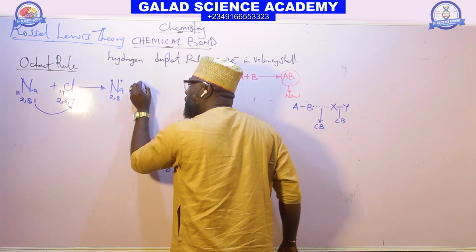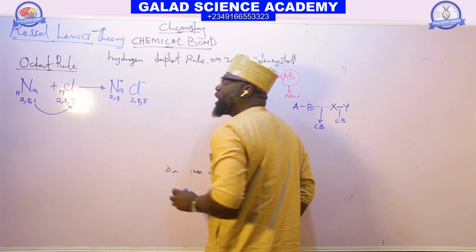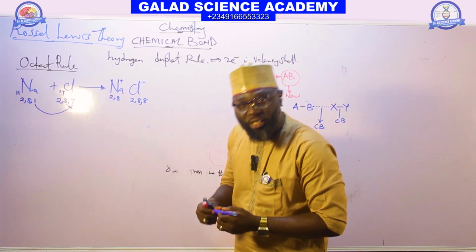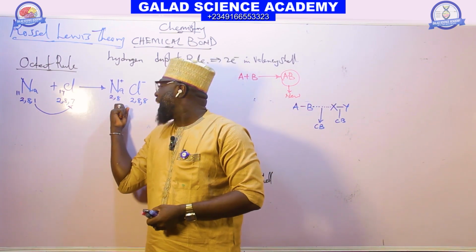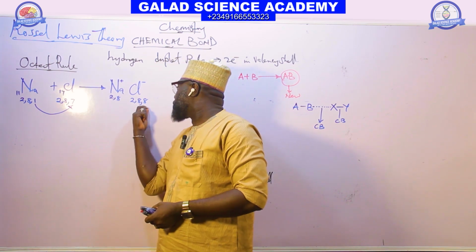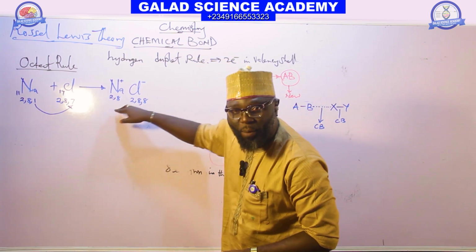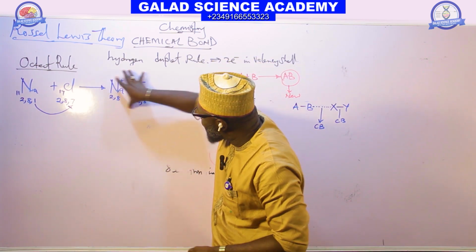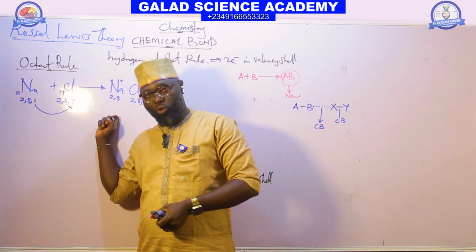And chlorine will become negative, which is 2, 8, 8. You can see that after bonding, the sodium has the configuration of neon, while this one has the configuration of argon. Both of them have 8 electrons in the atomic shell. So the two of them are stable, and they undergo the octet rule.